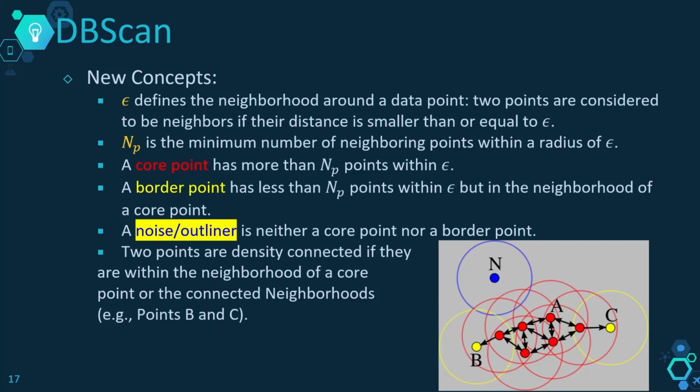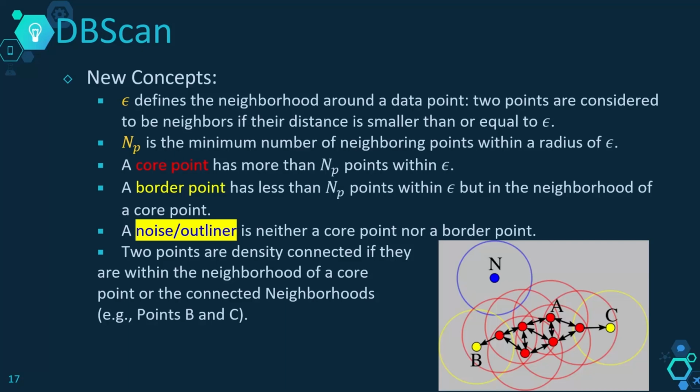One more concept that we need to understand is called density connected. Two points are density connected if they are within the neighborhood of a core point or of connected neighborhoods. That means if A and B are within the distance of epsilon, then we say they're connected.